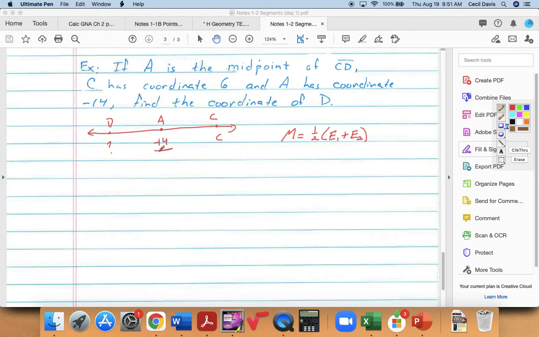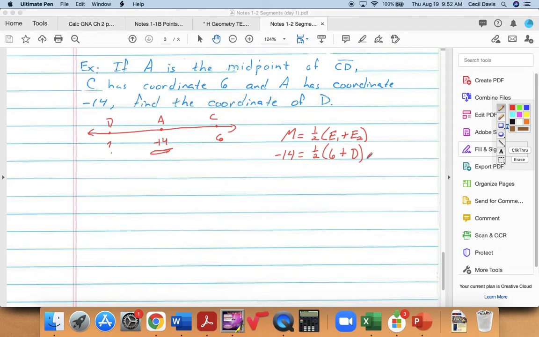Well, we know the coordinate for the midpoint, so I'm just going to fill that in. It's negative 14 is equal to half of one endpoint, which is 6, plus I don't know the coordinate of the other endpoint, so I'm going to call it D because that's the endpoint that I'm looking for.